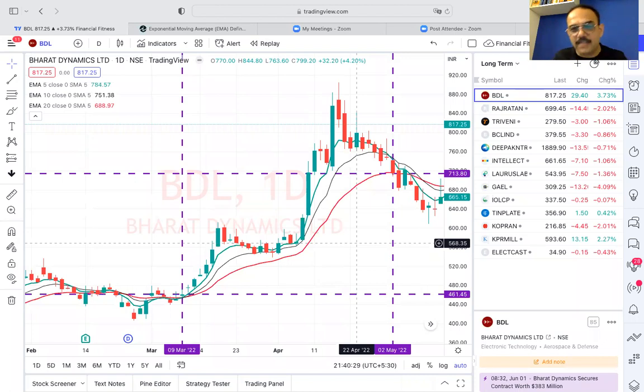Don't straight away start putting money on this analysis. First of all, do paper testing, see whether it is working for you or not, and whether you are getting the hang of it. Once you are confident about the technique, then apply money using this technique.